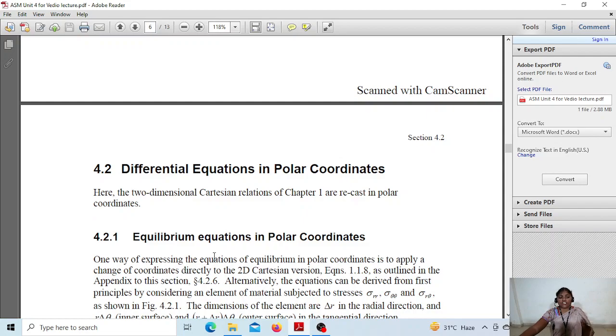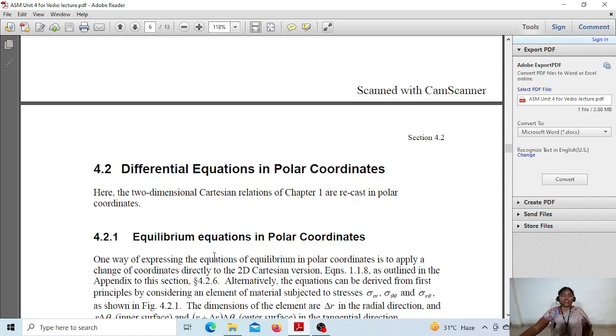What is their significance? Suppose a body is there, and it has been subjected to some forces or loads. Now stresses will be developed. The stresses developed can be solved using these equilibrium equations.